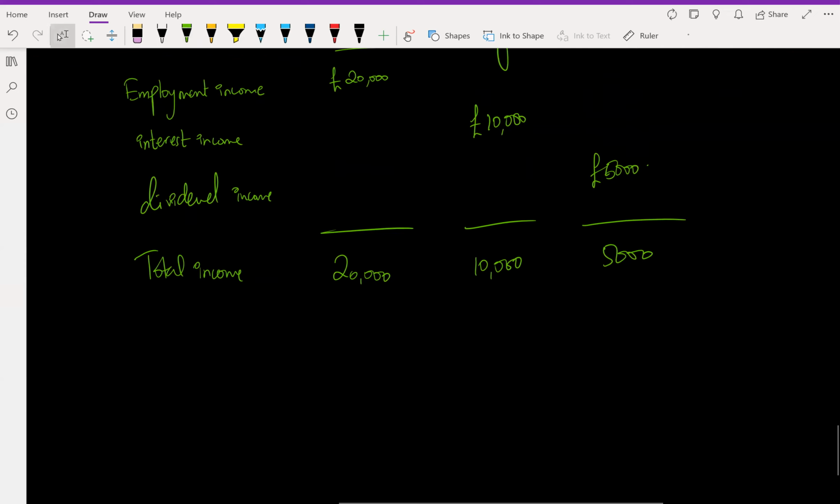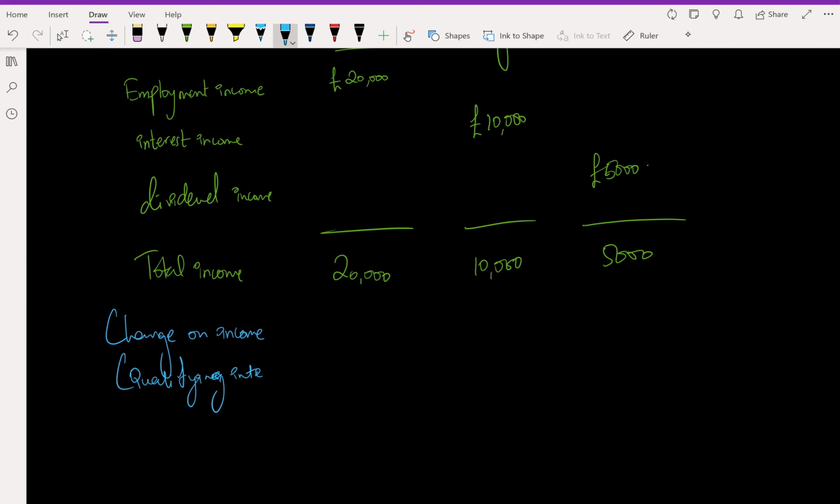The next step, once you've calculated the total, is to deduct charge on income, which mainly is called the qualifying interest. I'm not going to talk about this right now. It's something that we will discuss later on. But let's say right now it's 0.